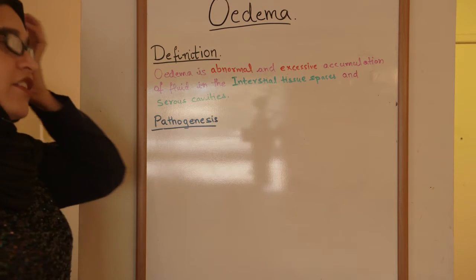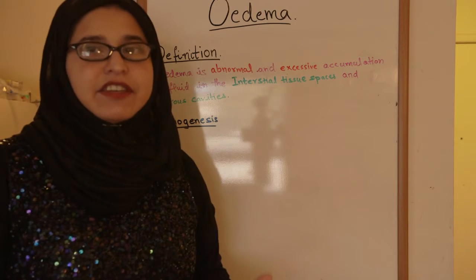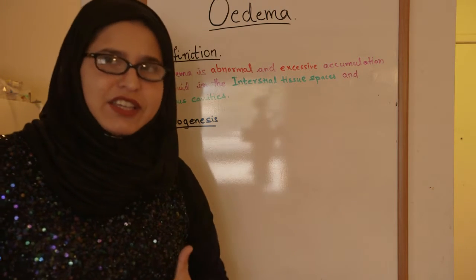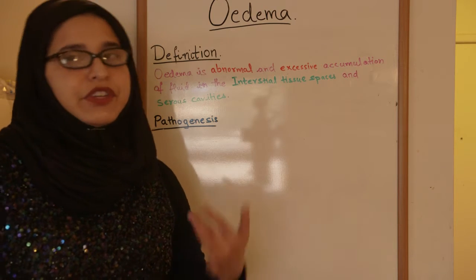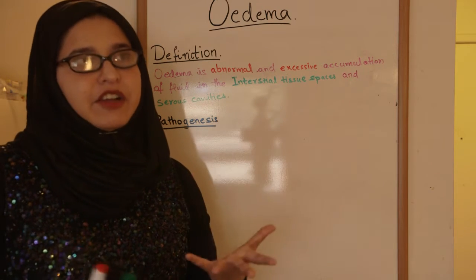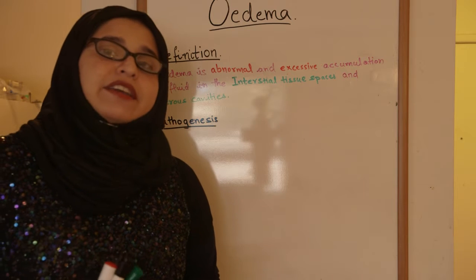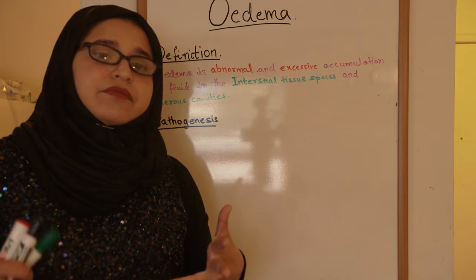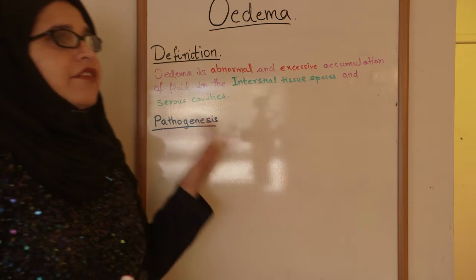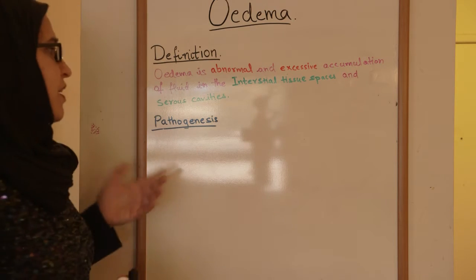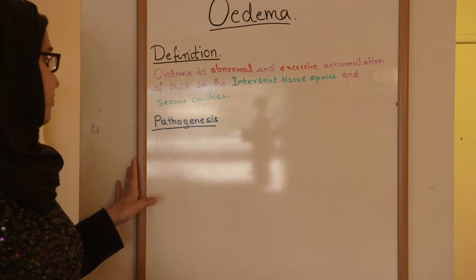The serous cavities are the body cavities in which the organs are situated. There are different body cavities like the ventral body cavity and the dorsal body cavity. In the ventral, we have the thoracic body cavity, then the abdominal body cavity, then the spinal body cavity. So many body cavities are there.